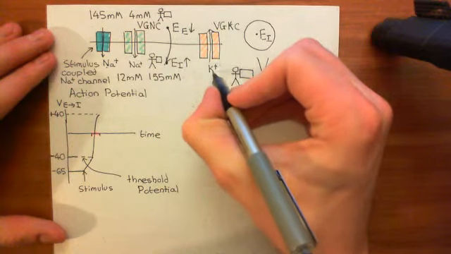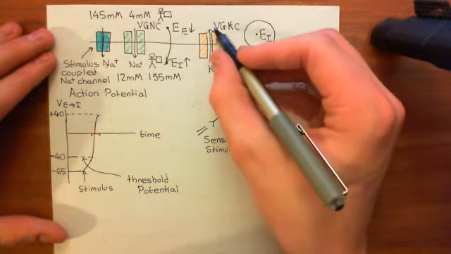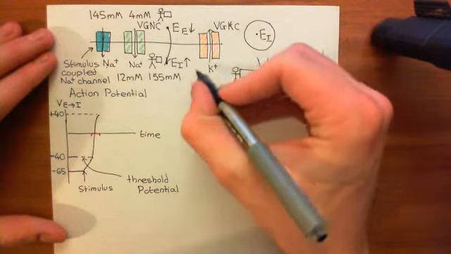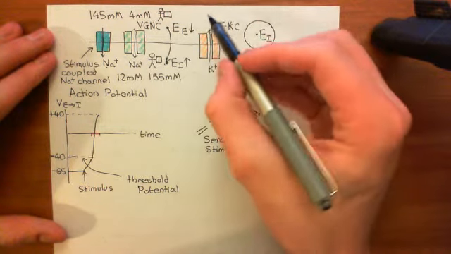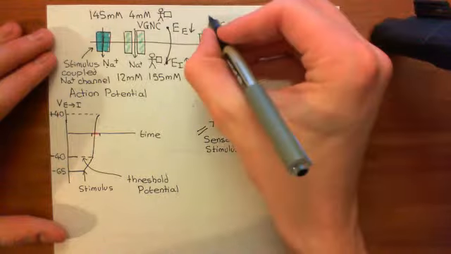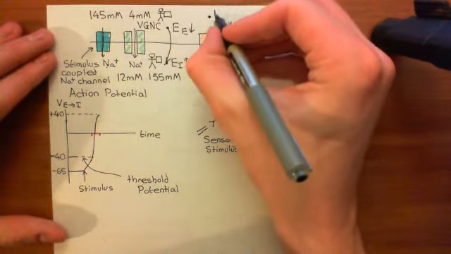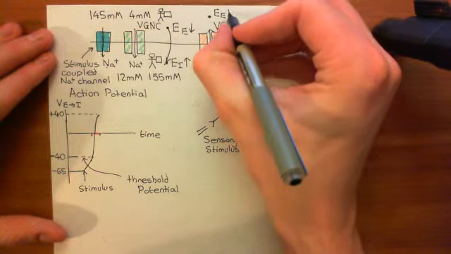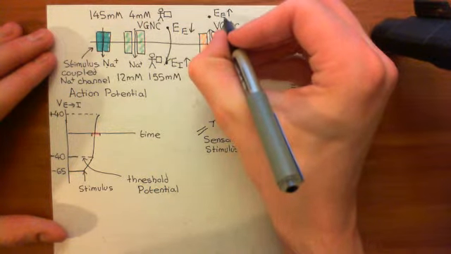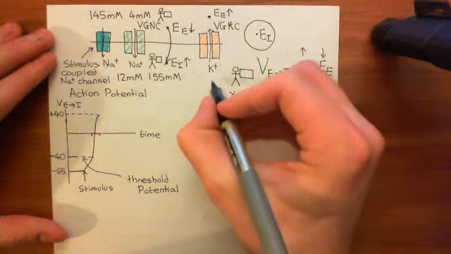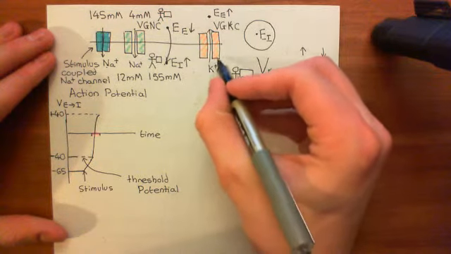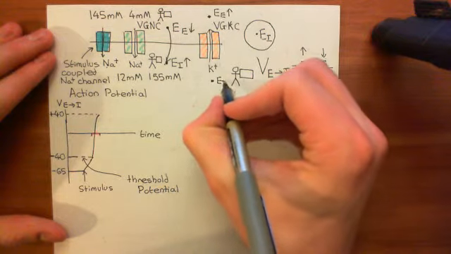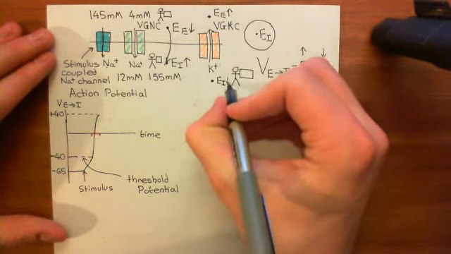Now what's the effect of this? Well, we are moving positively charged ions out of the cell. So we're taking positive charge away from the intracellular compartment and dumping it into the extracellular compartment. Putting positive charge into the extracellular compartment will result in its electrical potential going up. Meanwhile, removing positive charge from the intracellular compartment will result in its electrical potential going down.